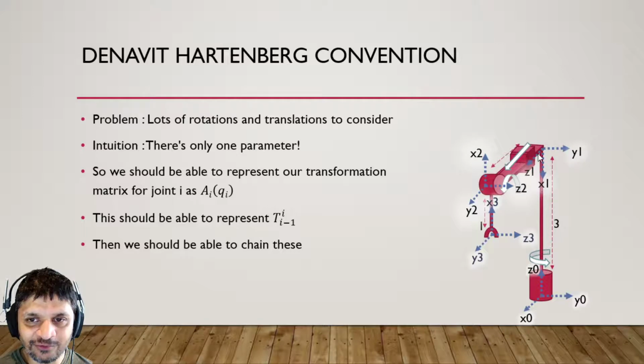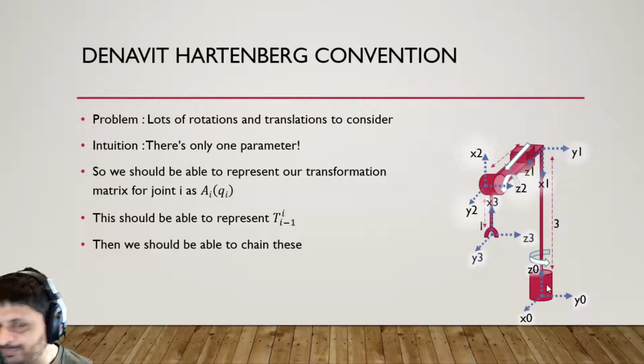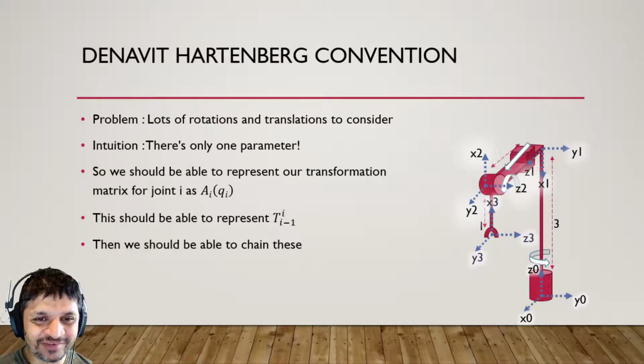This Z axis is not aligned with this Z axis, so I'm going to have some transformation matrix that turns this z so that it aligns with this one, and turns this x and this y to align with this one, and a translation along the z-axis. There's a whole bunch of annoying things to think about.